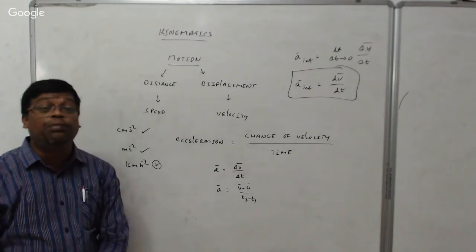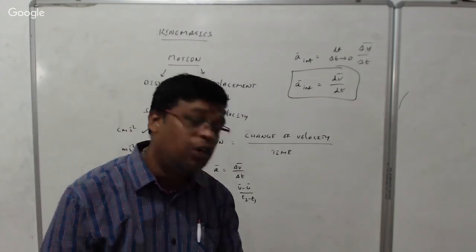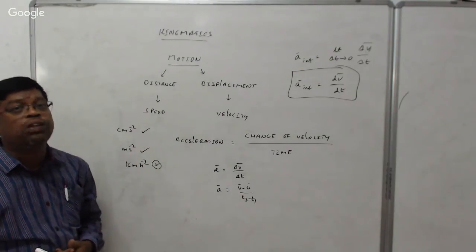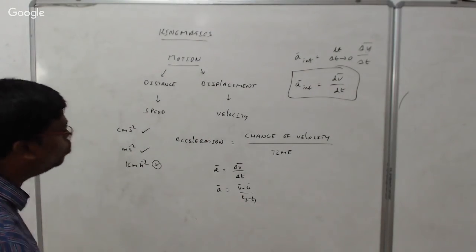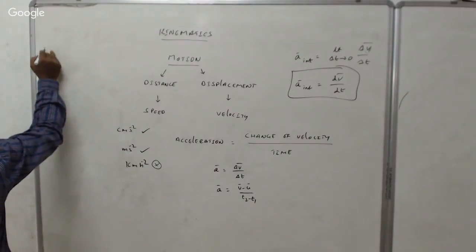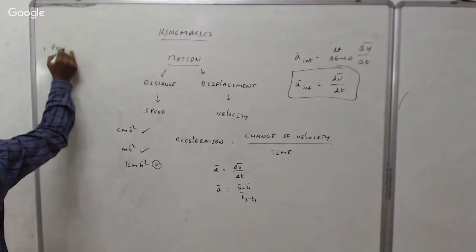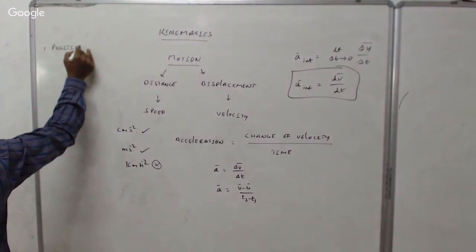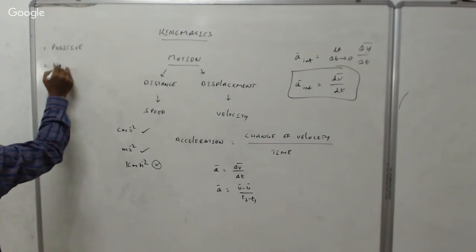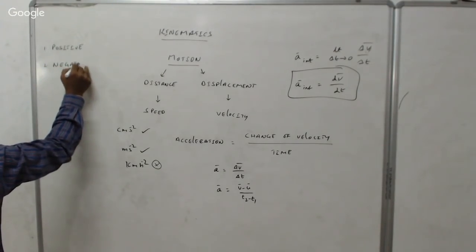Apart from different types of accelerations, we have two more types of accelerations. What are the two more types? One is positive acceleration, and the second one is negative acceleration.